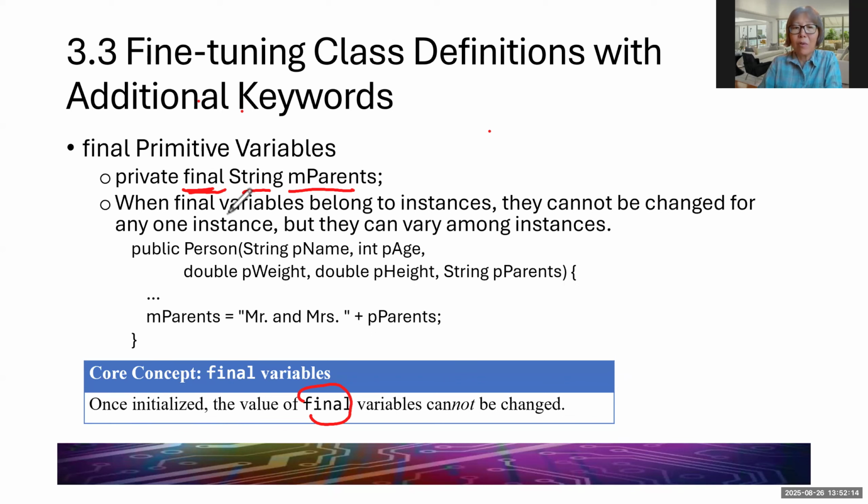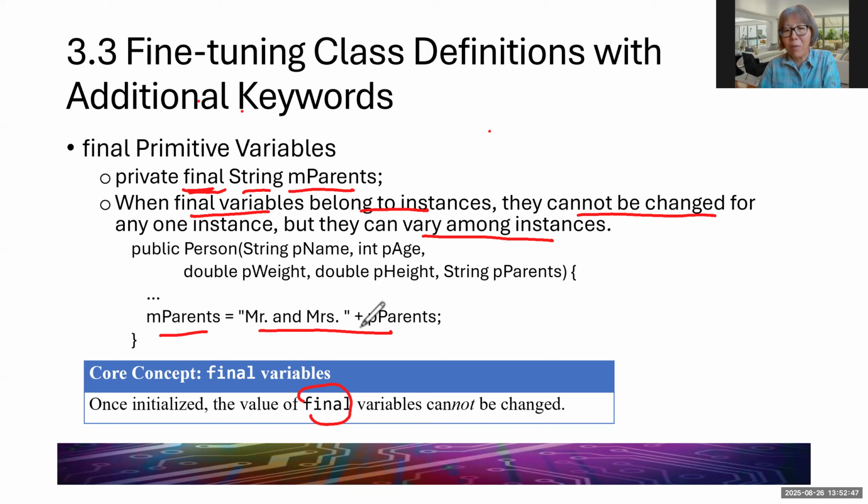That means final variables cannot be changed for any one instance, but they can vary among instances. So for different instances they can be different because they belong to the instance, but you cannot change it. Once it's defined, like the M parent refers to this, then you cannot change it to something else like doctor.